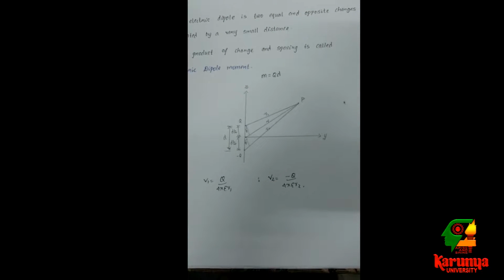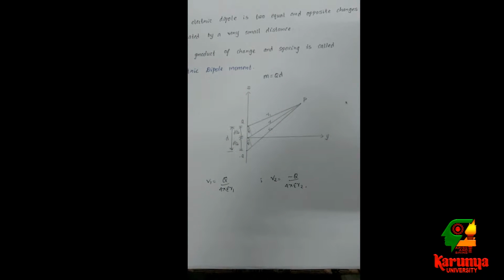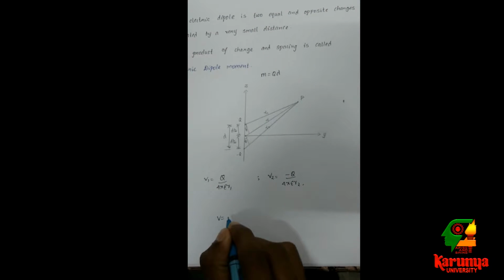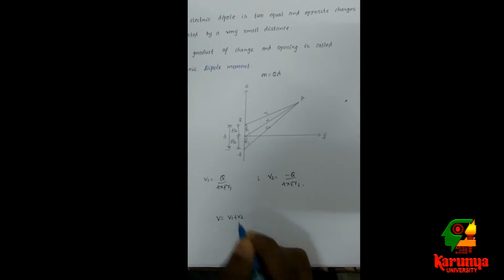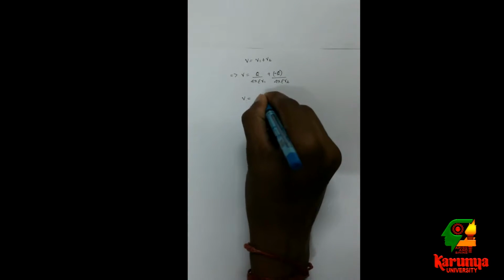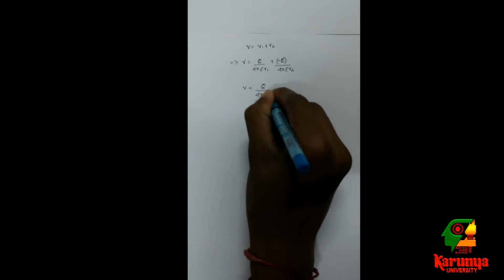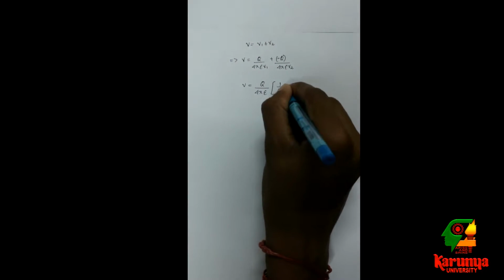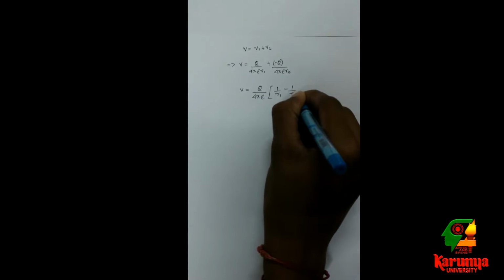The resultant potential is the addition of V1 and V2, so V is equal to V1 plus V2. Taking q by 4 pi epsilon as a constant outside, we get V is equal to q divided by 4 pi epsilon into 1 by r1 minus 1 by r2.